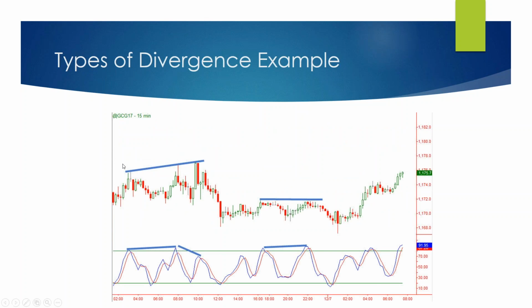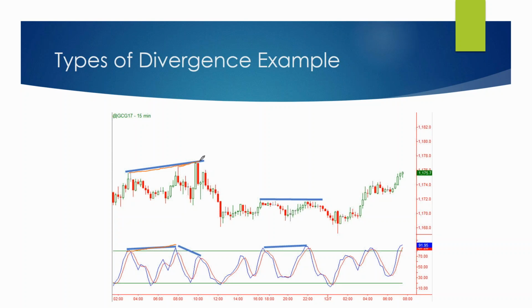For example, here on the gold chart, you see that we were making higher highs in price. And I'm going to put the pin on so you can see we're making higher highs in price and in the stochastics.